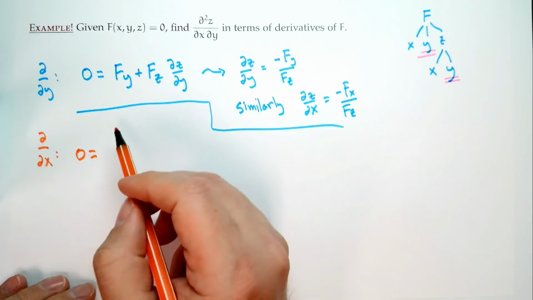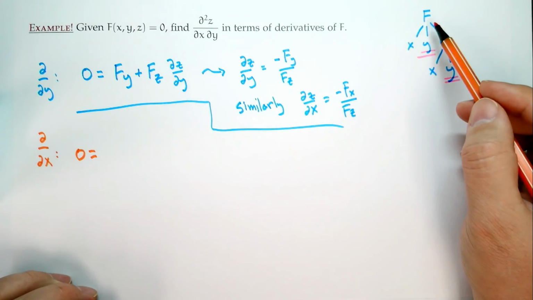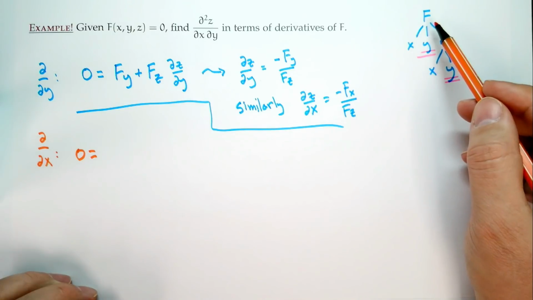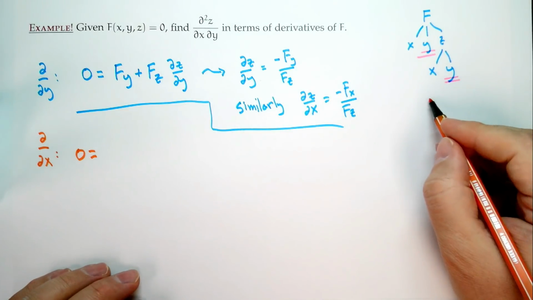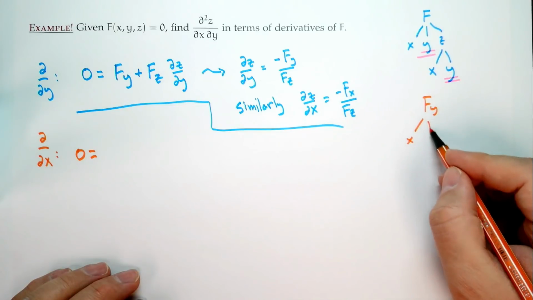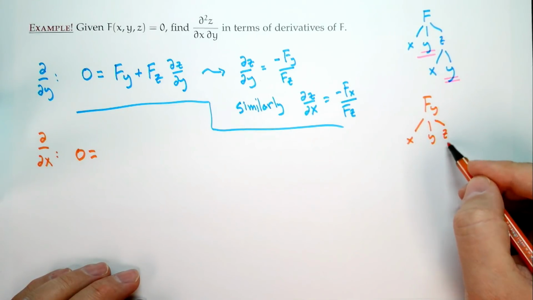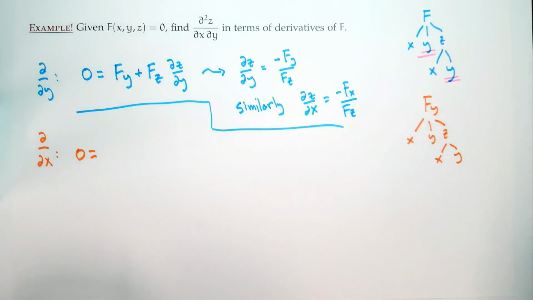0 equals. Now I come to f sub y. Well, I know how f depends on variables. How does f sub y depend on things? And the answer is that f sub y has the same tree. So in other words, it looks identical. It still depends on x, y, and z in some way, and z still depends on x and y.